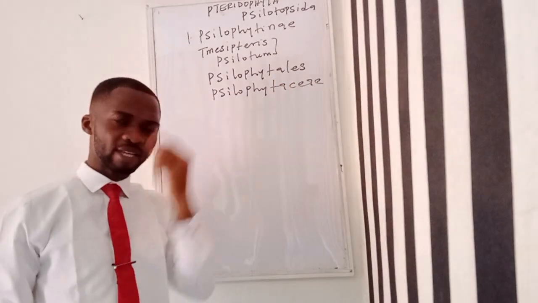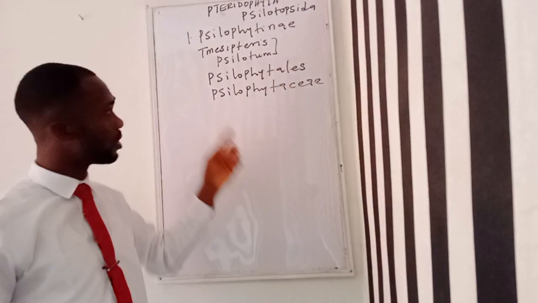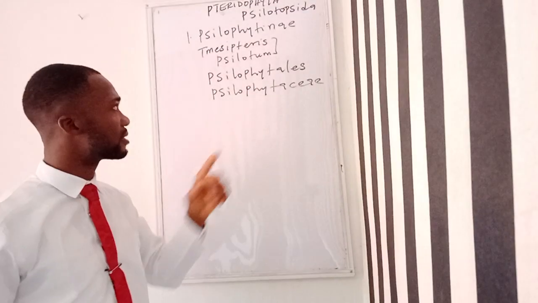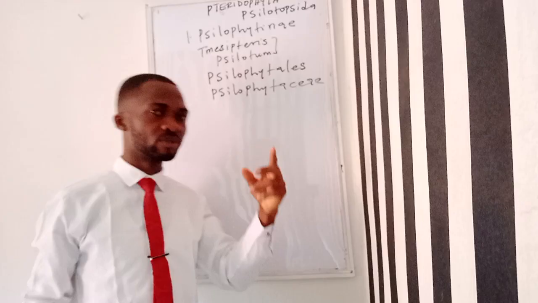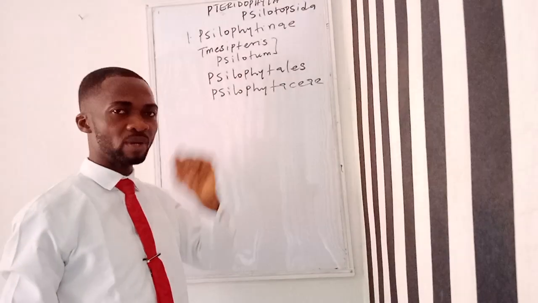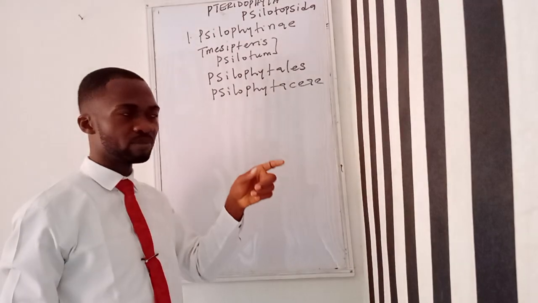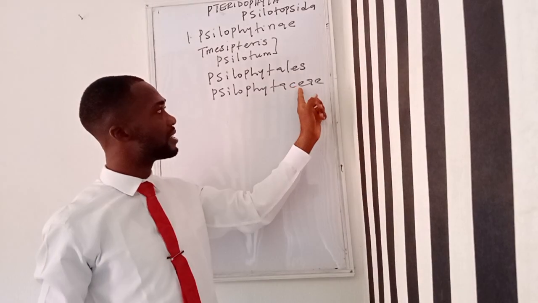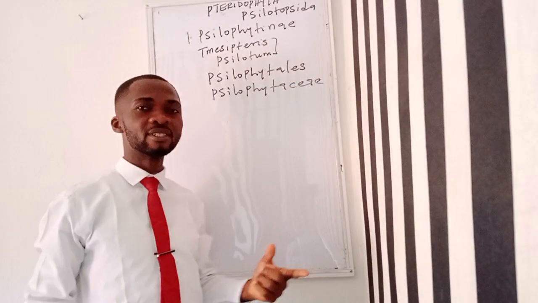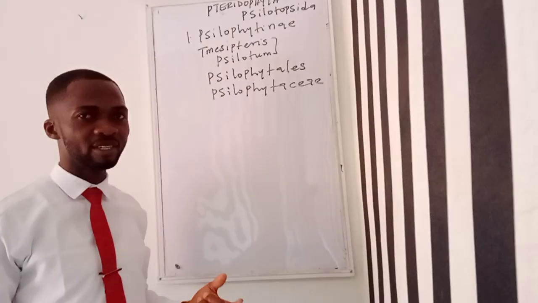I think I've said this in my previous classes, but let me repeat it. Under normal circumstances, when a biological name ends with ACEAE, it is referring to a family.